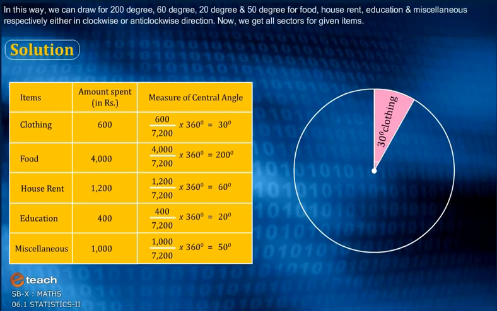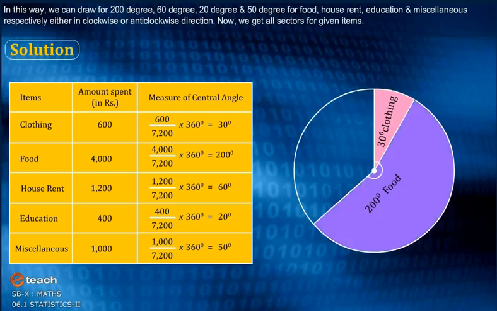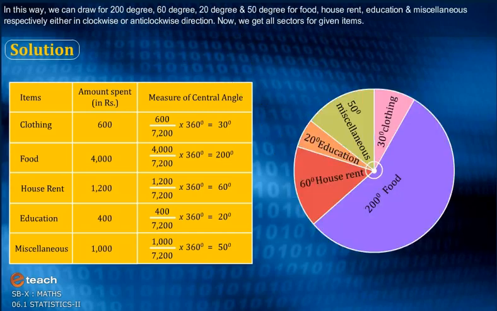In this way, we can draw 200 degrees, 60 degrees, 20 degrees and 50 degrees for food, house rent, education and miscellaneous respectively, either in clockwise or anti-clockwise direction. Now we get all sectors for the given items.